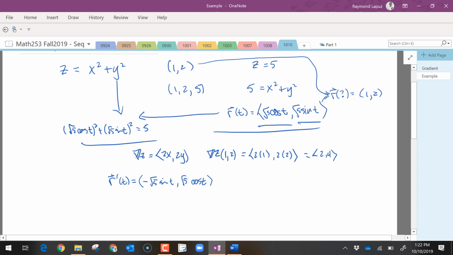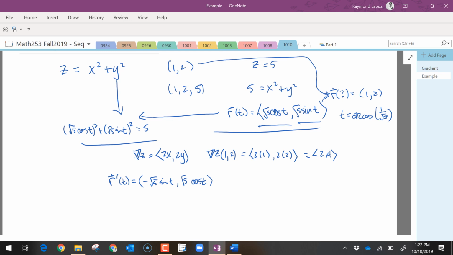Inverse sine, inverse cosine, right? I guess inverse sine too. All right. So t equals arc cosine of 1 over root 5. Whatever that is. All right. So that's the idea. This is a simple computation of stuff.